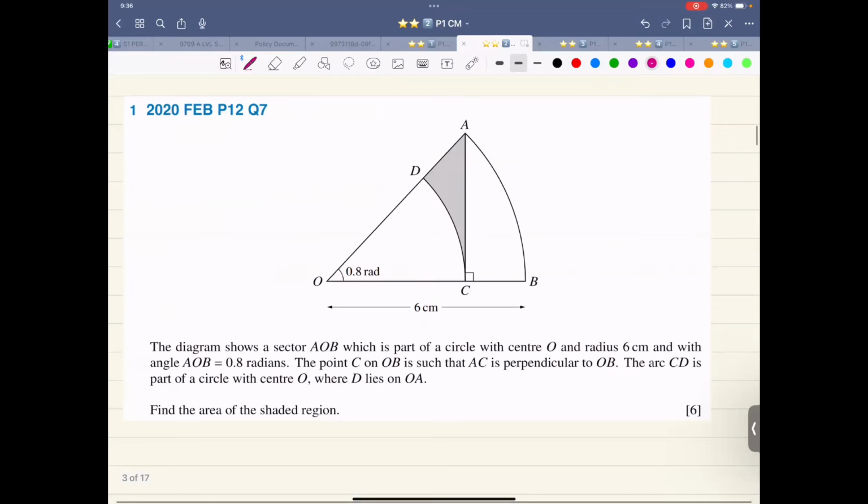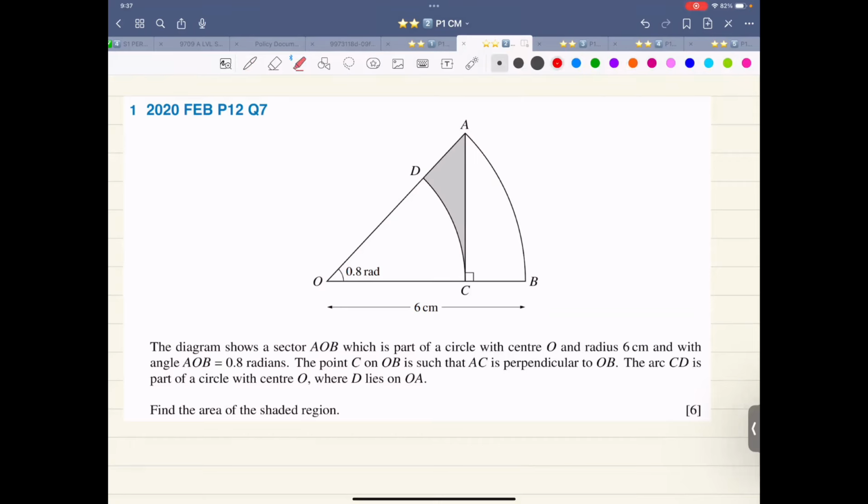So now let's read this question. I want you to go through this question first. Now the question says the diagram shows a sector AOB, which is part of a circle with center O. So let's underline it.